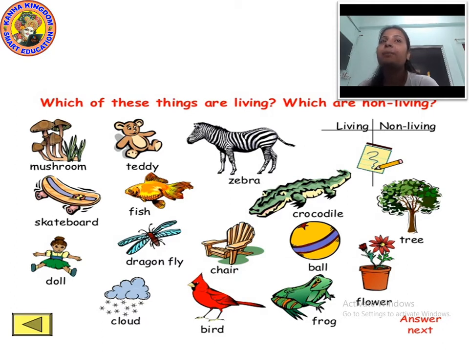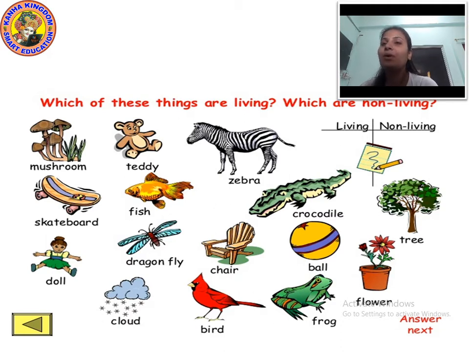Now zebra. Is zebra a living thing or non-living thing? Yes, zebra is a living thing. I have already told you that all animals are living things and zebra is an animal.